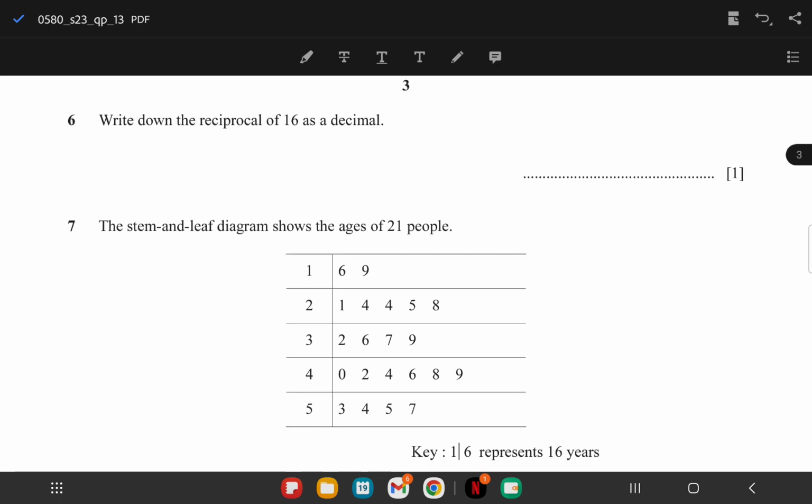Write down the reciprocal of 16 as a decimal. Okay, so reciprocals, I remember we talked about this. This is an upside down number. So if I'm to write 16 as a fraction, it's 16 over 1. And then if I'm to flip it over, I will get 1 over 16. Now they want the answer as a decimal.